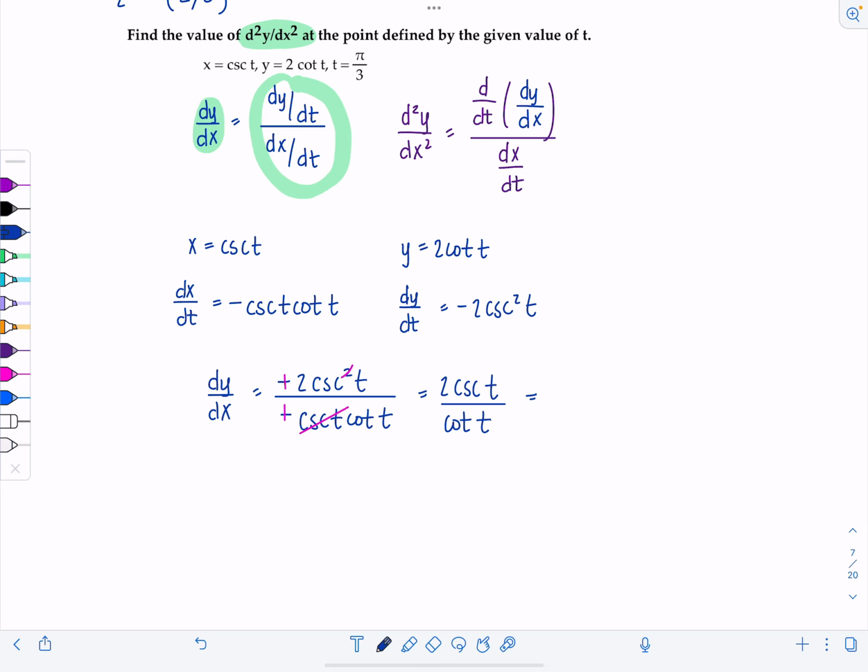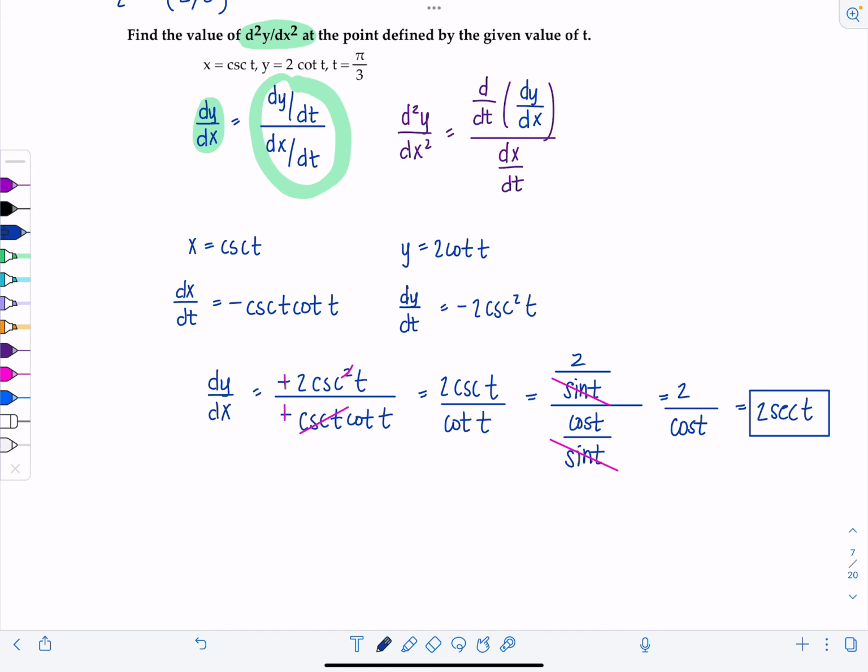So let's see, 2 cosecant t, that's 2 over sine t, over cotangent t, that's cosine t over sine t. Oh, see how lucky we are? This cancels. And then I just have 2 over cosine t. But that's just 2 secant t. Hooray. That's perfect. It's going to be so much easier now to differentiate, yes?